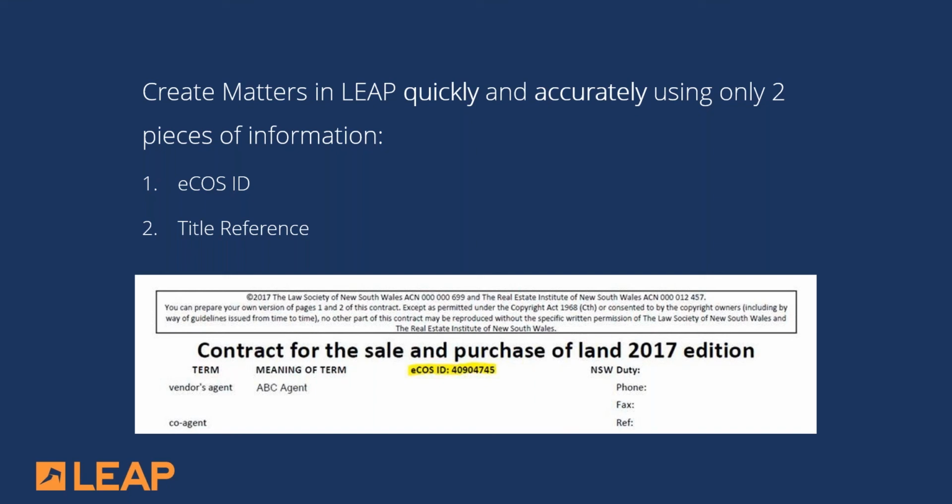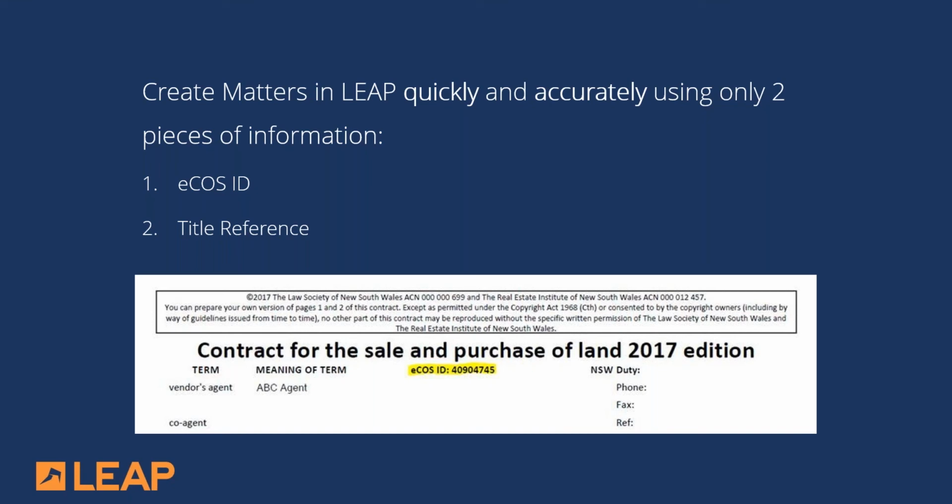We all know that conveyancers and solicitors are both time poor and sensitive to cost, and this time-saving feature ensures that you no longer have to rekey information from the vendor's contract for sale. Not only will this save you time, but it will also eliminate errors when rekeying information. This feature is only available to LEAP clients, giving you an extra edge over many of your competitors.